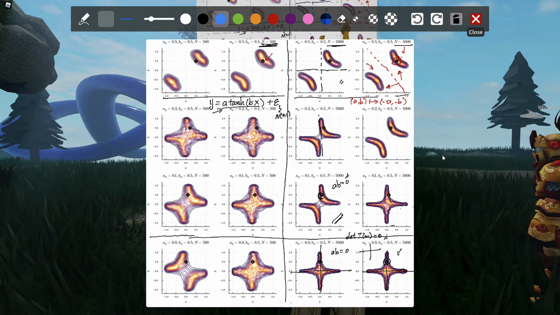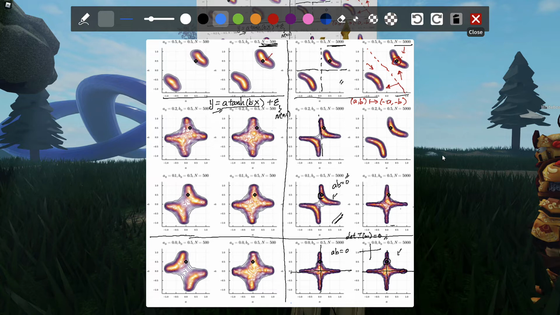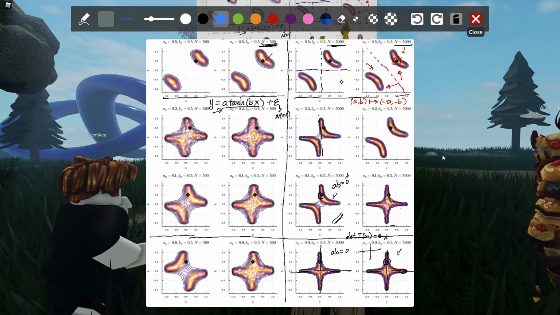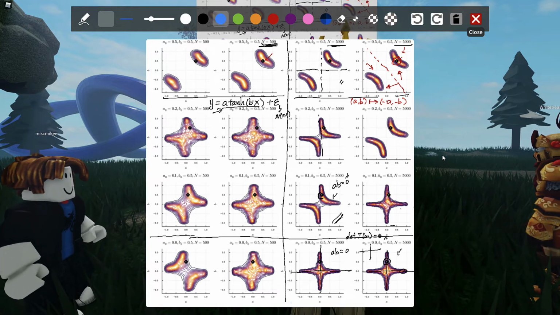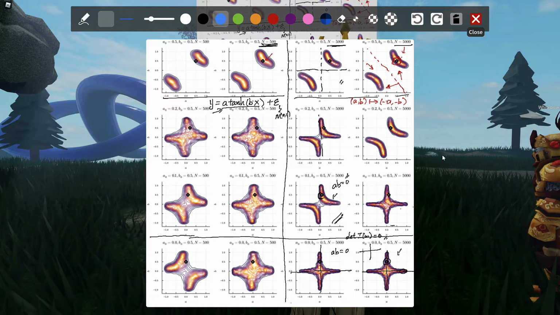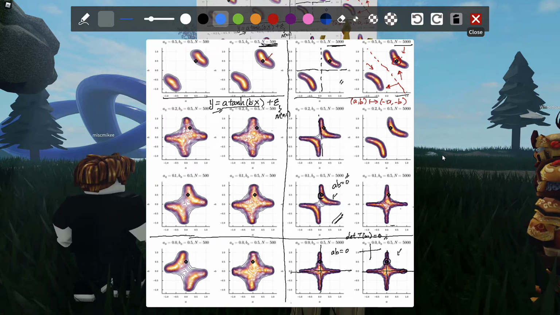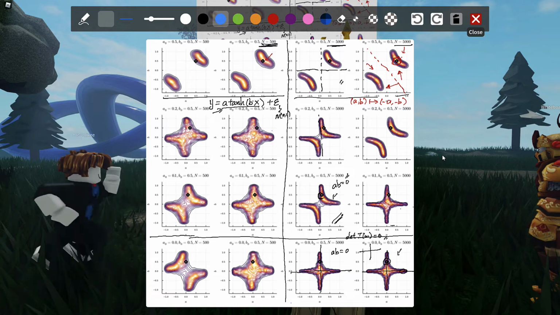But if n is small, then the fluctuation of the log loss function or the posterior is going to be big enough that it has non-trivial density on the degeneracy set.